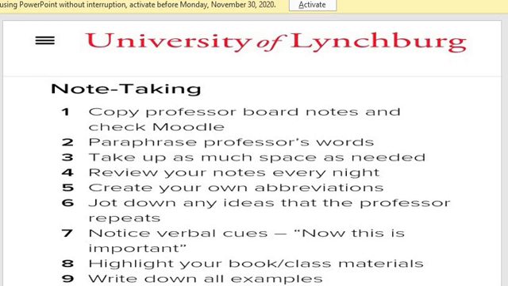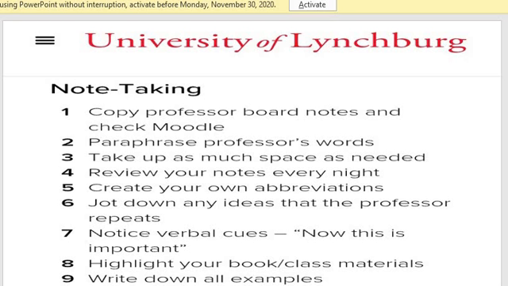Next is number 5: create your own abbreviations. Creating your own abbreviations means taking your own words and alphabets that you can easily understand. There are various things, so be in your comfort zone. That is very important for your learning.